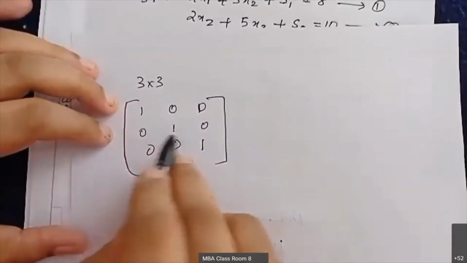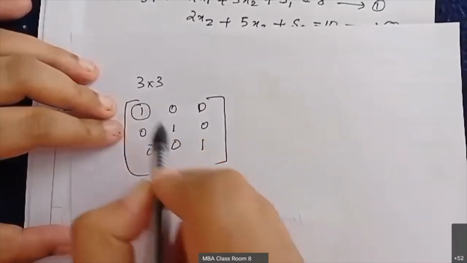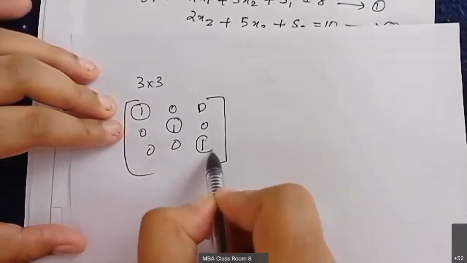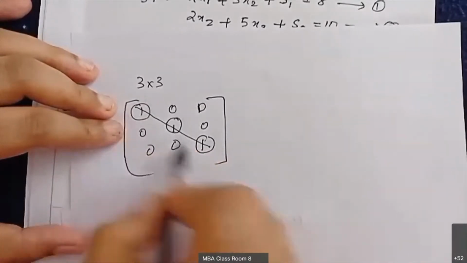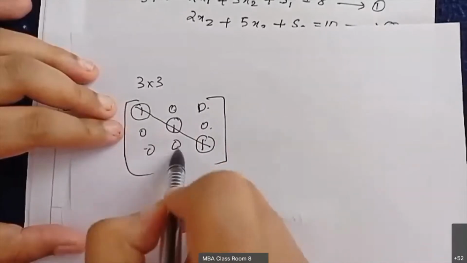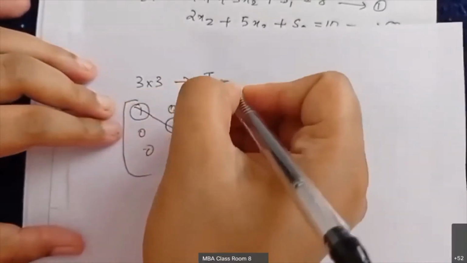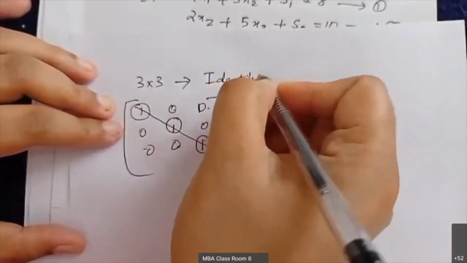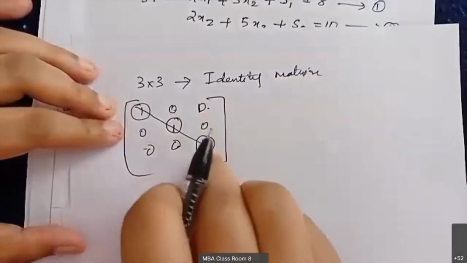You will have 1 here, 1 here, and 1 here, along a slanting line. All the other numbers will be 0. This is called a 3 cross 3 identity matrix. You have to identify this matrix from this table.